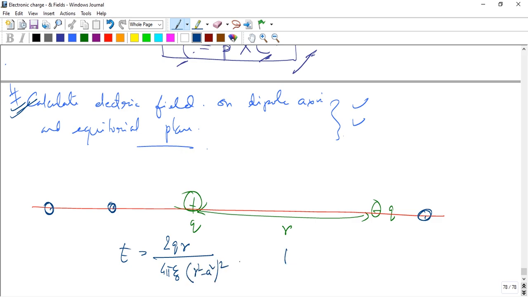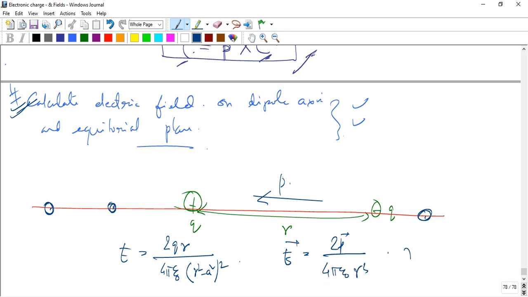If I place the electric field direction E, that is equal to 2P, where P is also a vector, and E and P are in the same direction. So that is 4 pi epsilon naught R cube.